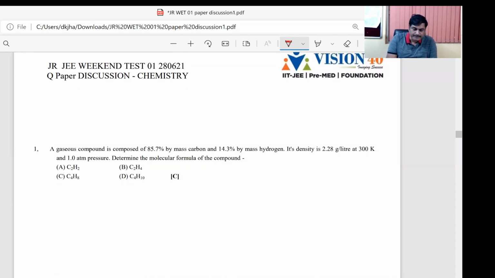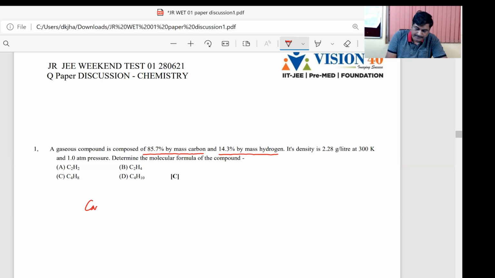Next question. We have a gaseous compound composed of 85.7% by mass carbon, 14.3% by mass hydrogen. Okay.